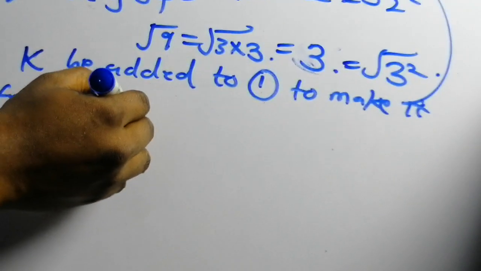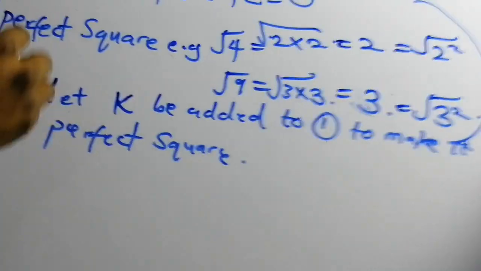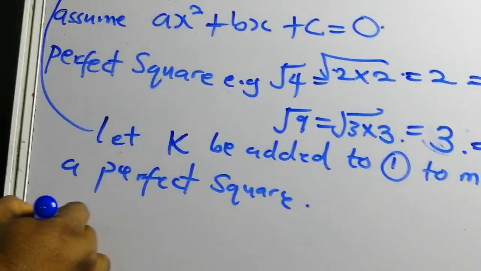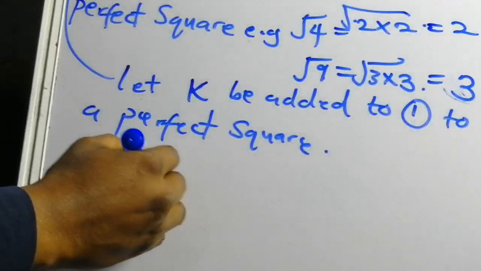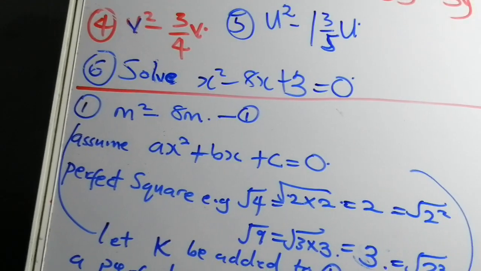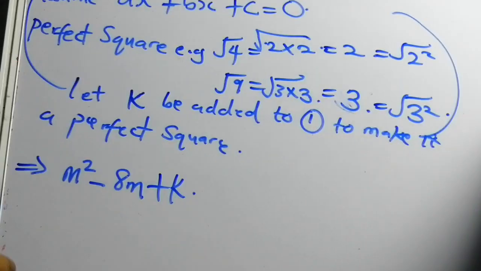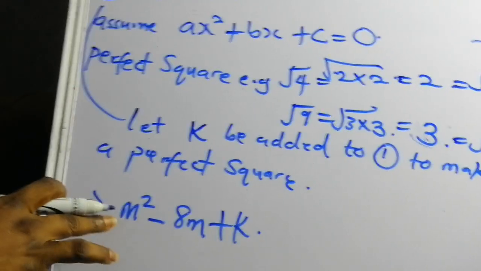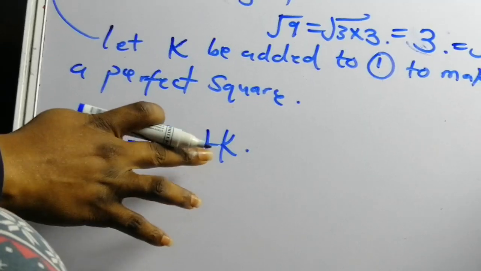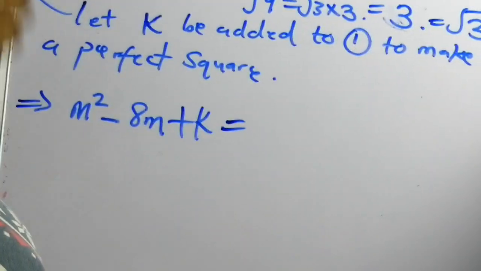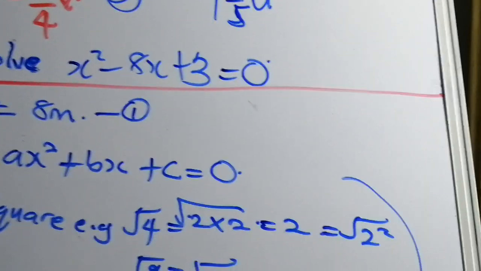To make it a perfect square. Okay, so it means that I'll say that implies m square minus 8m, plus k. Okay, m square minus 8m plus k equals, and don't forget, I made mention of square.